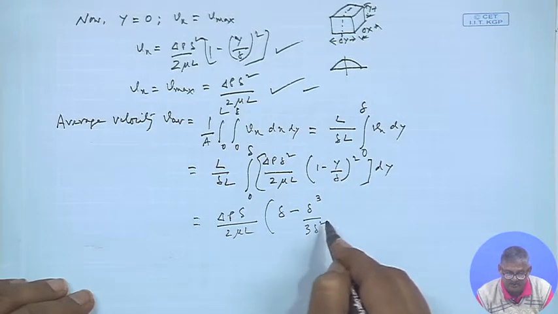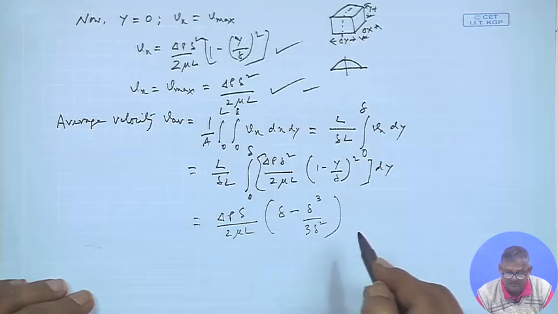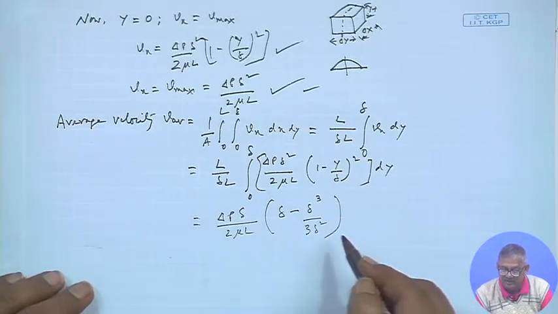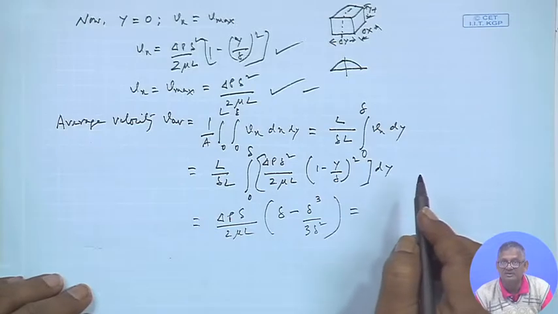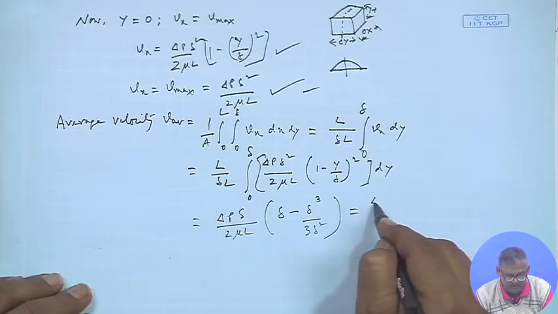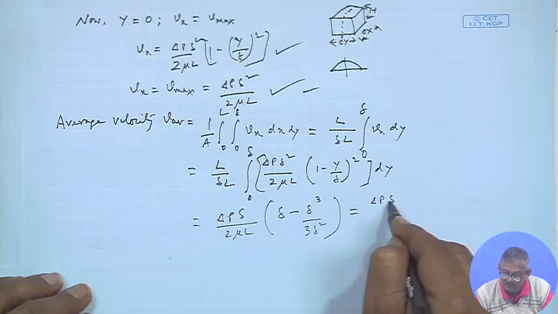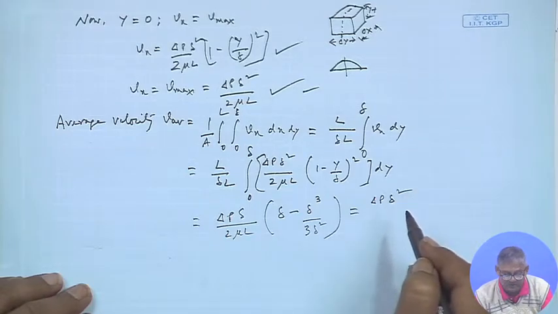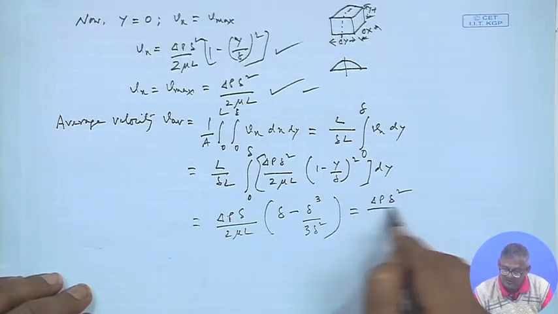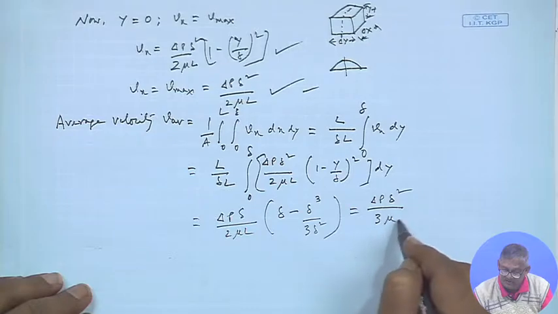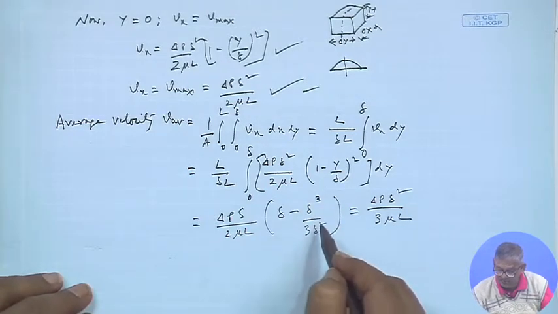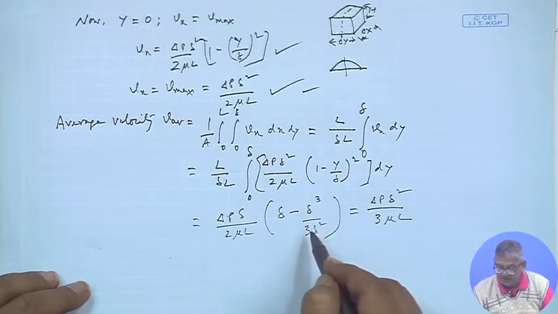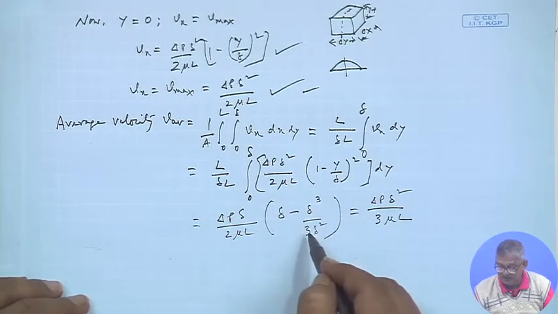del square, right, del cube by 3 del square, or this is becoming nothing but equals to delta p del square by 3 mu L, because this del cube, this del square goes out, it becomes del by 3.